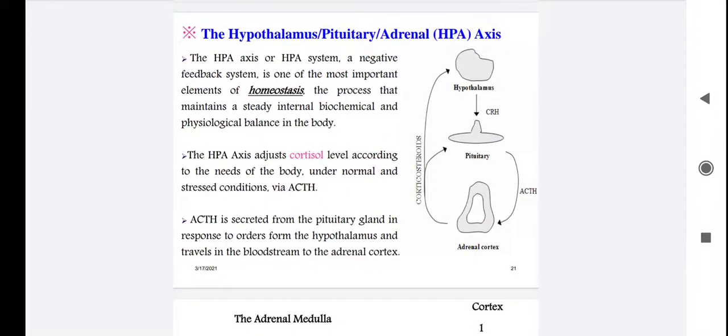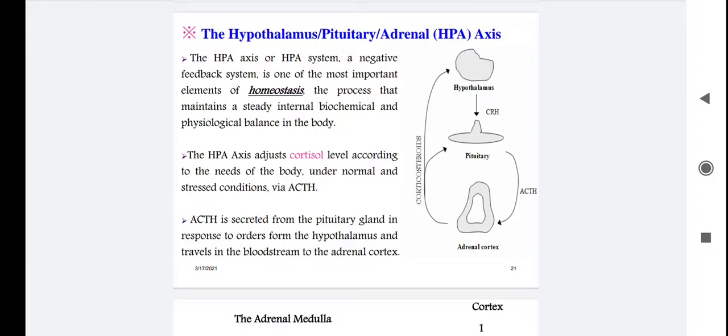The regulation of cortisol secretion is by the hypothalamus pituitary adrenal axis. The HPA axis or HPA system, a negative feedback system, is one of the most important elements of homeostasis, the process that maintains the steady internal biochemical and physiological balance in the body.